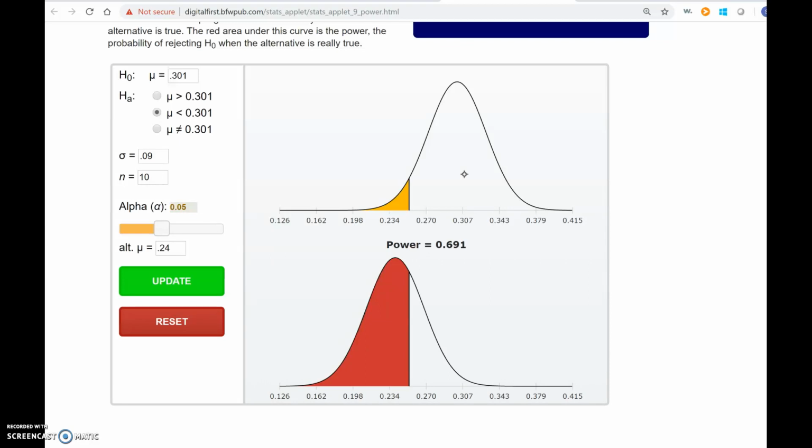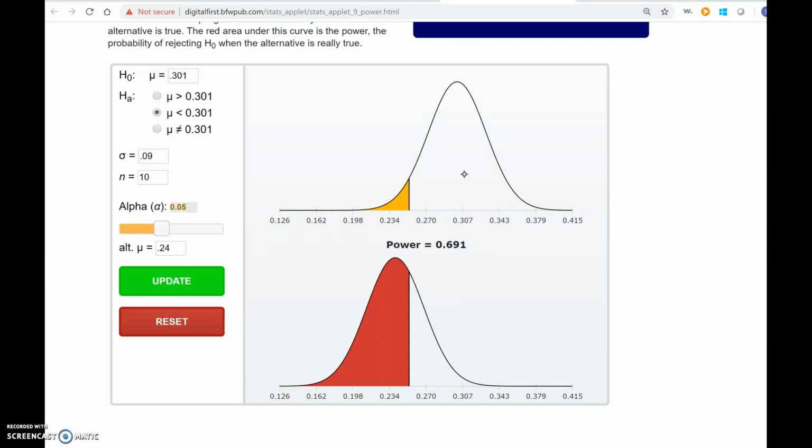This distribution down here is the distribution we're actually sampling from. This one is based off of the true proportion of 0.24. So 24 is right here. That's where this one is centered. Since this is the true value, this is where we're actually getting our sample from. So the question then is, okay, if we're going to reject if our p-hat is less than this value, what's the probability that in this distribution that we're actually sampling from, we get a p-hat that is less than that?